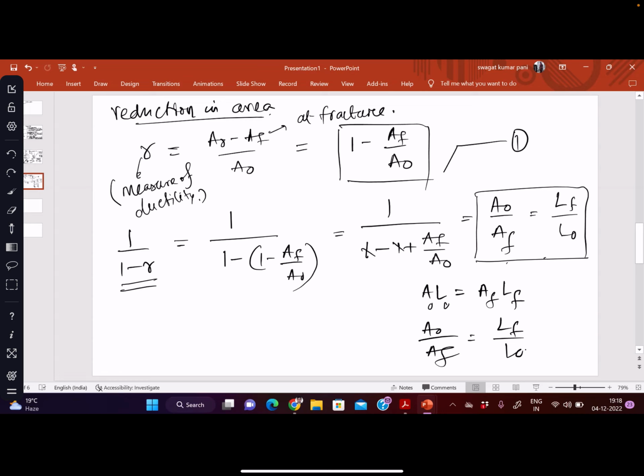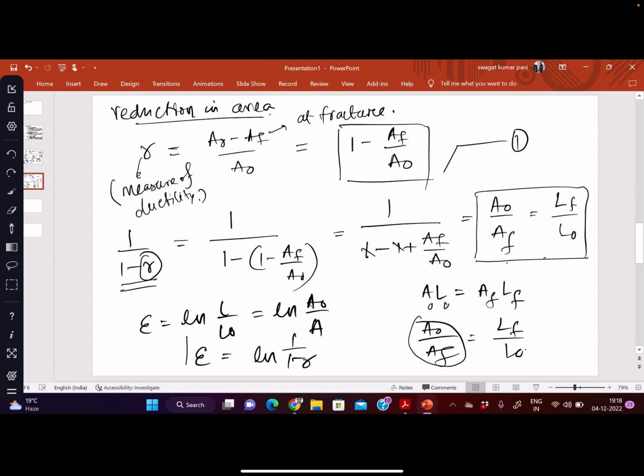So this is how we can directly calculate strain, because true strain is ln L by L0, or ln A0 by A. If reduction in area is given, you can calculate strain directly by putting ln 1 by 1 minus R. I will write it clearly.